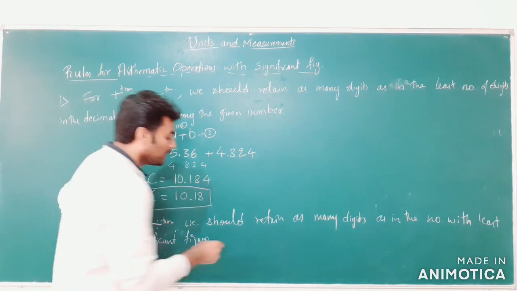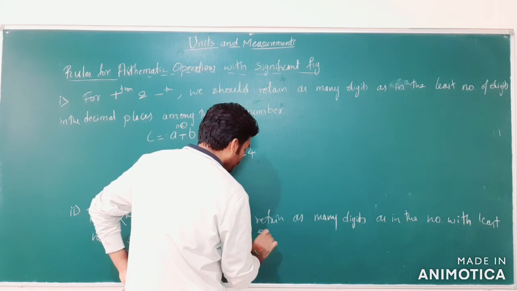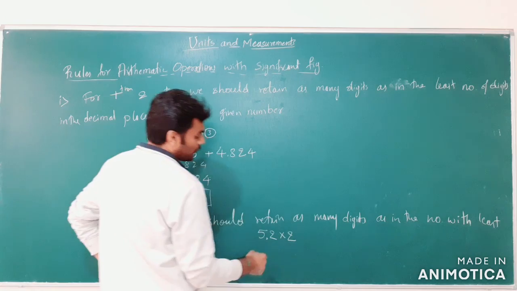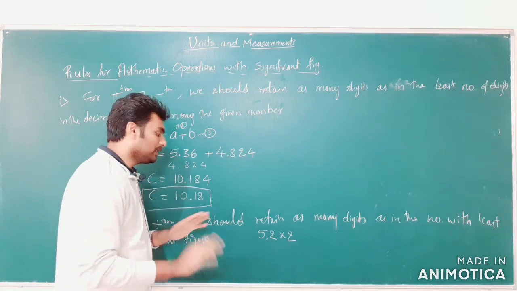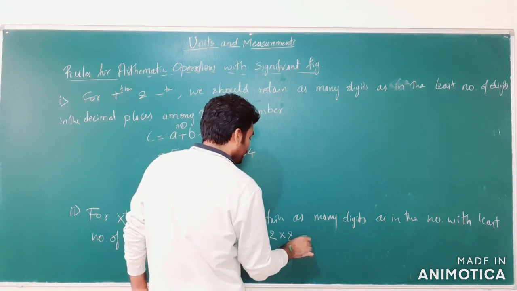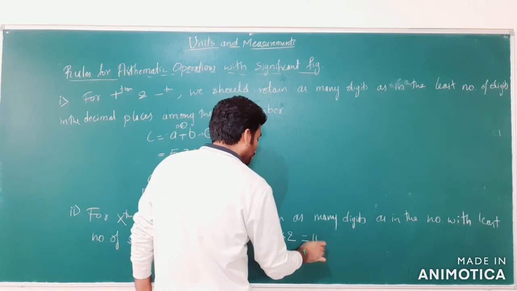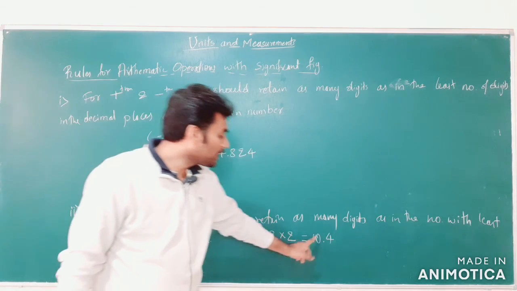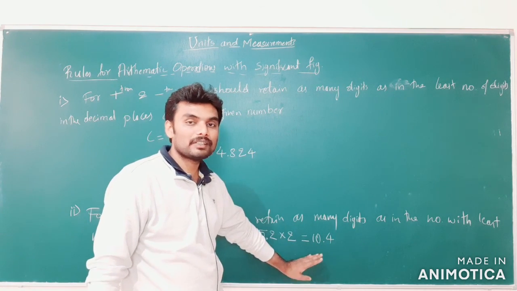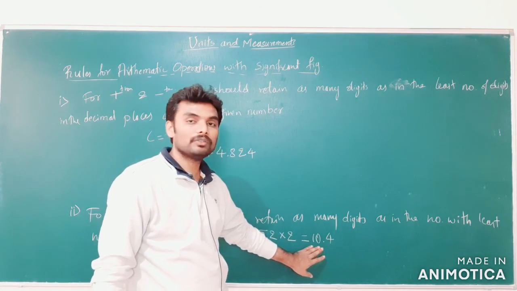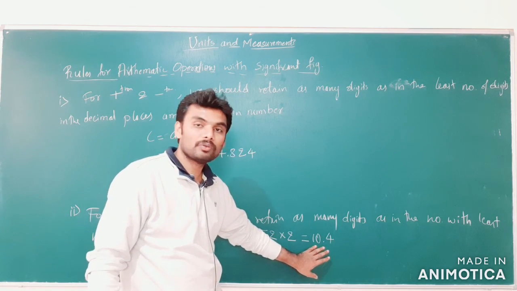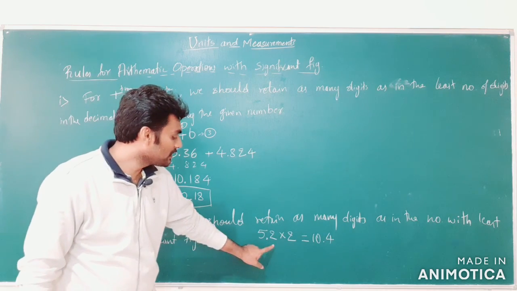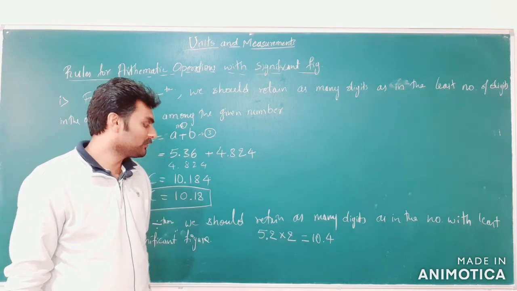For example, if I have two numbers, say 5.2 into 2, what is the product? Mathematically, it's very simple. The product is going to be 10.4, but I should not take the entire value. Instead, I should round off this value to the same number of significant figures as the least number of significant figures.